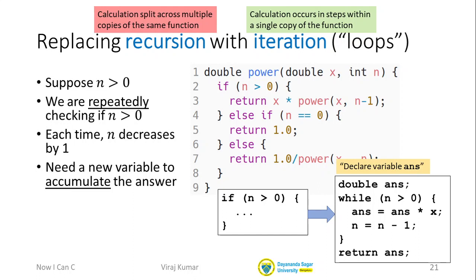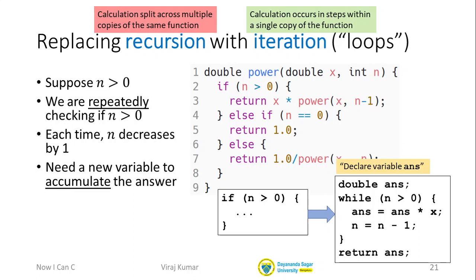So this is almost the correct code. We are missing something very, very important. Remember, I said that when we have variables in C, they are uninitialized. So if you look at the statement inside the while loop, the first statement is the new value of ans is the current value of ans times x.